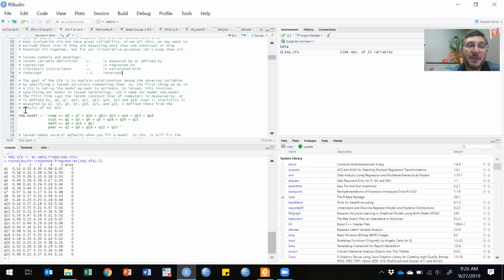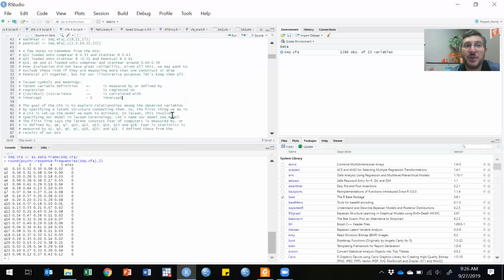So here I've named our model SAQ model, so the SPSS Anxiety Questionnaire model. And in the lavaan syntax, we put this all in quotes. Notice it starts with a single quote and ends with a single quote. And I'm going to say computer fear is measured by question 6, question 7, plus question 10, 12, 13, 14, 15, 18.